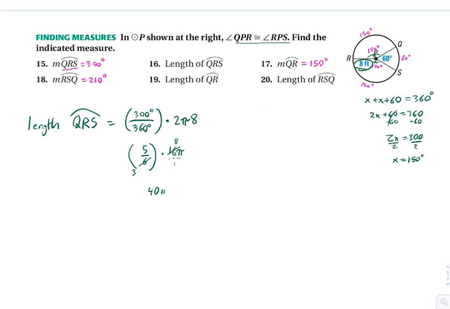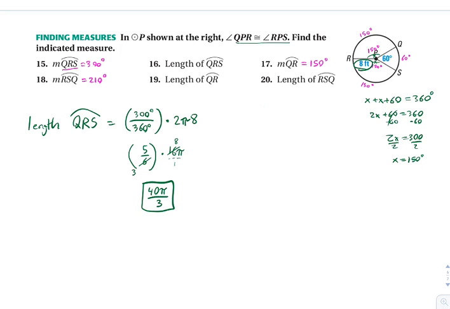I've got 40 pi over 3 as the length of that arc. Again, it didn't tell me I should approximate this, so I'm going to leave it as 40 pi over 3. You could absolutely plug in pi is 3.14, some approximation, and get that this is a little over 40, because pi and 3 almost cancel out, you just get a little left over.